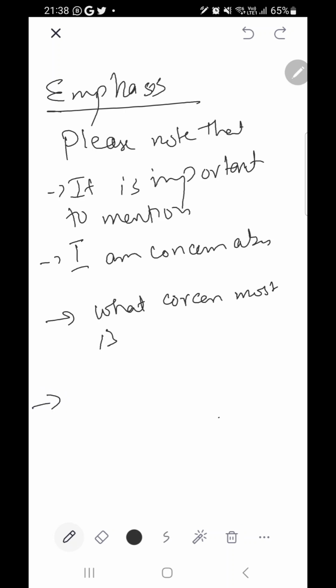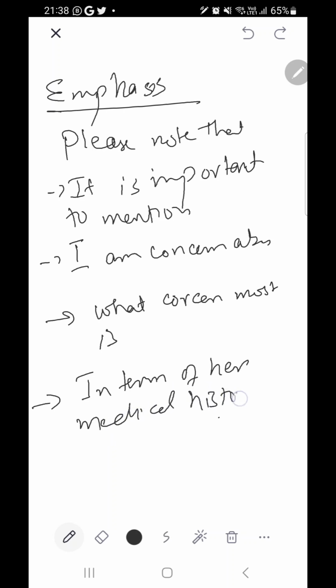Some subjective lines can be used, let's say, in terms of her or his medical history, in terms of social history, right? We can use these few words, okay? And for advice, when you have to provide advice, you can use, let's say, it is important to modify your diet.